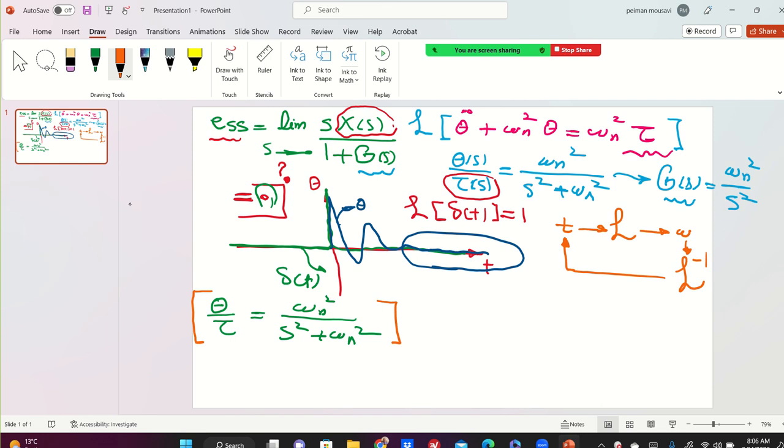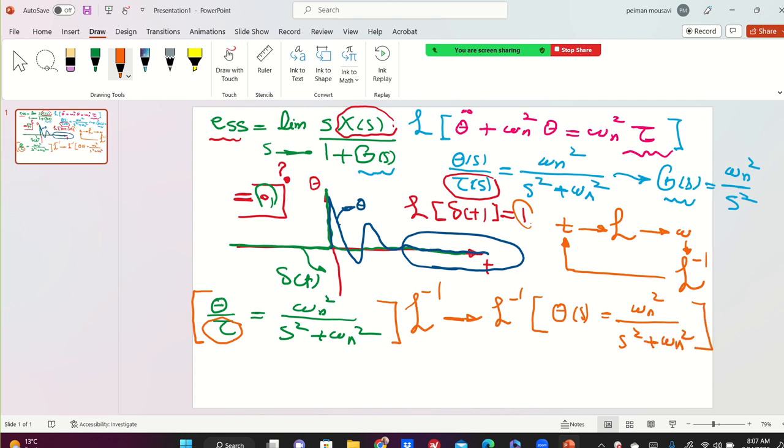Laplace inverse of that goes to the time domain to find the time solution. Knowing that the Laplace of the impulse is 1, you get that the Laplace inverse of theta of s is omega n squared over s squared plus omega n squared.